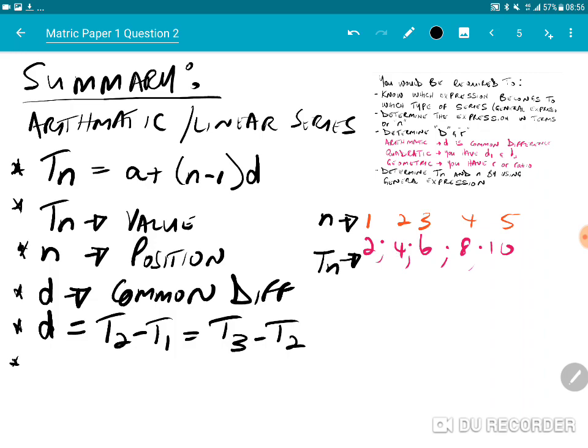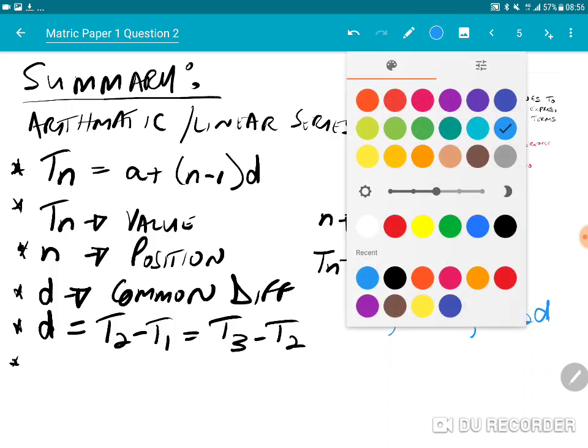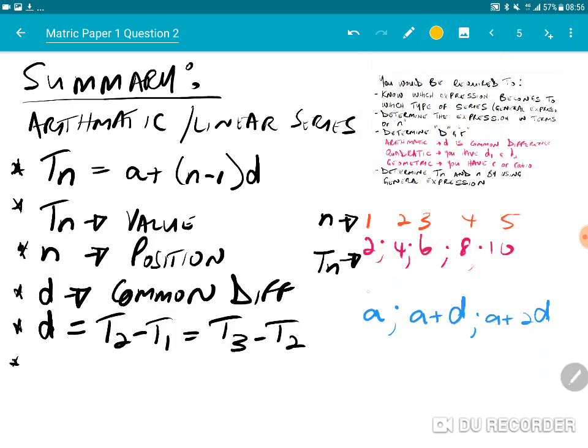Another way to write this would be A, and we write it in a different color, let's choose blue: A, A plus D, A plus 2D, and so forth. So that would be 1, 2, 3, same as that on the top, so that would be N, and that would be Tn.